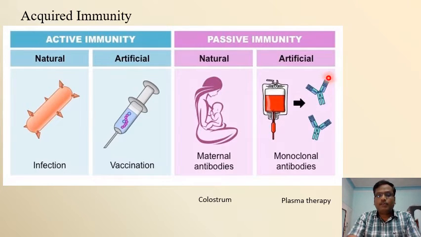His blood has a large number of specific antibodies. You separate and collect them, and introduce these ready antibodies into the newly infected person. That is called artificial passive immunity. Maybe you have heard about plasma therapy nowadays, which is being used in some parts of India to treat the deadly coronavirus. It is nothing but this artificial passive acquired immunity technique.